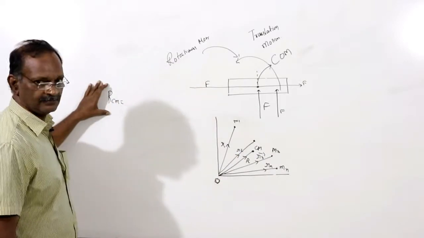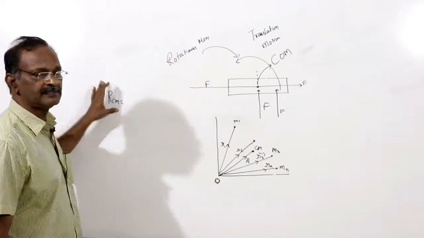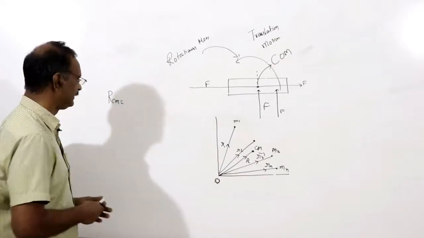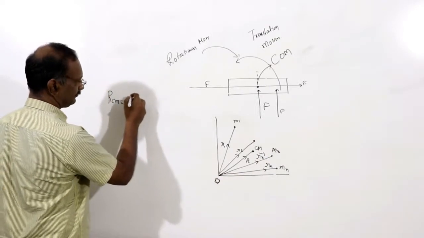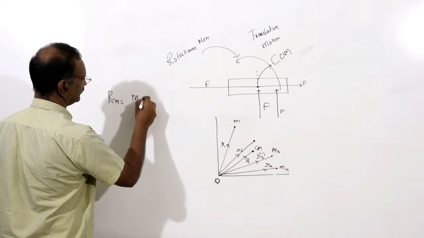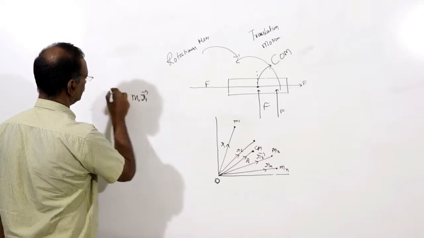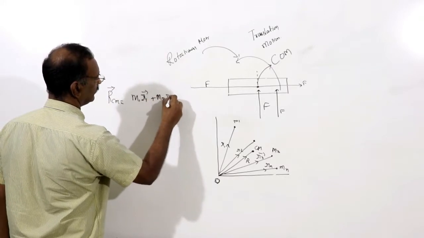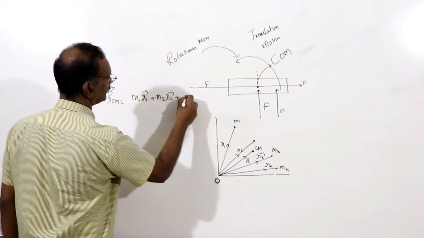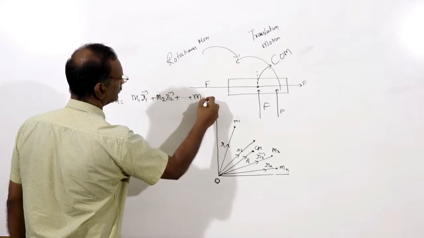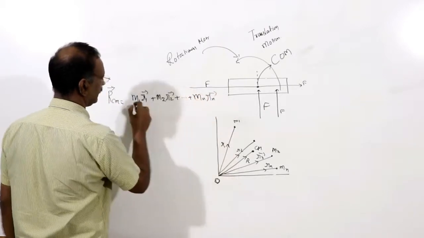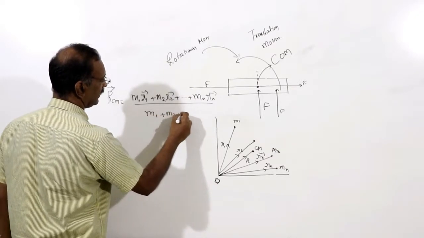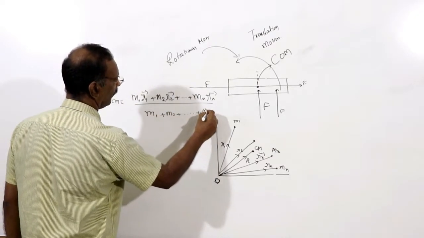This is the distance of the center of mass from the origin at which all these masses are supposed to concentrate. R_CM is equal to M1 R1 (in vector form) plus M2 R2 plus up to Mn Rn, divided by M1 plus M2 and so on, the summation of all the masses.